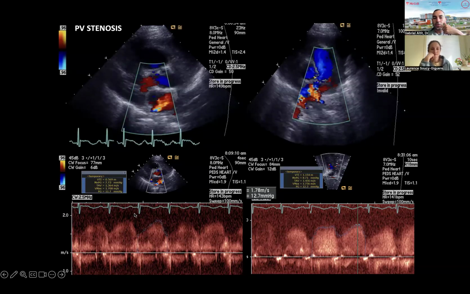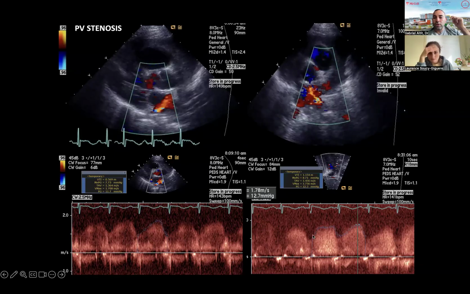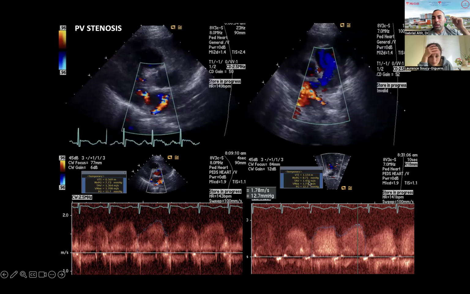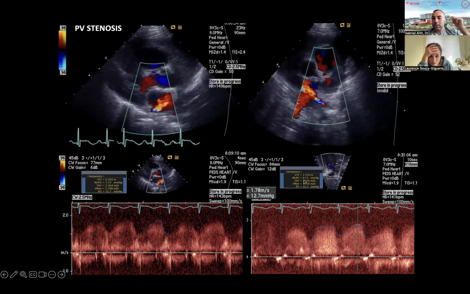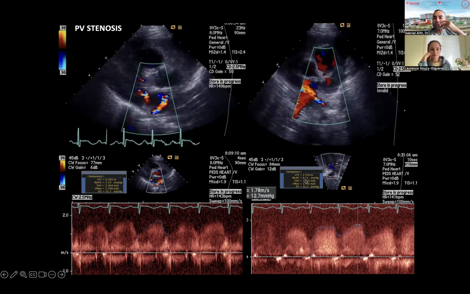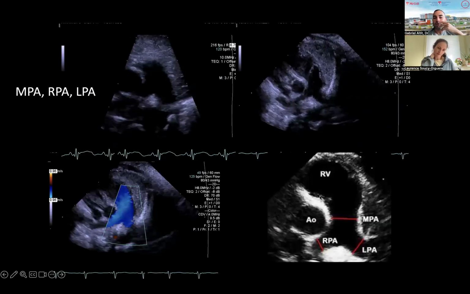They don't have these two, three bumps like we've seen previously. And if you do the gradient, you can do the gradient over one cardiac cycle or two cardiac cycles, basically you trace, and then you get what we want to see as a mean gradient. And mean gradients above 3 are definitely something that should raise suspicion for some degree of constriction. Here we have 8.7, and this patient had pulmonary vein stenosis.